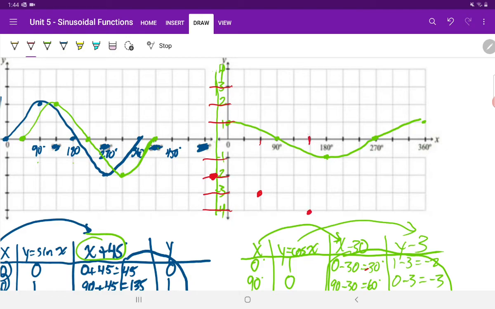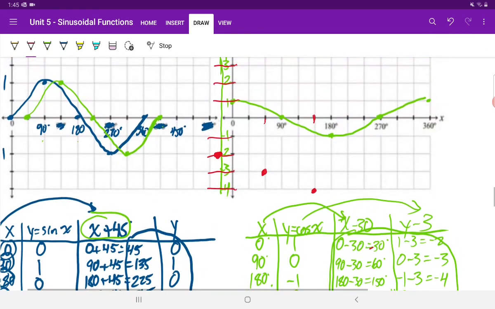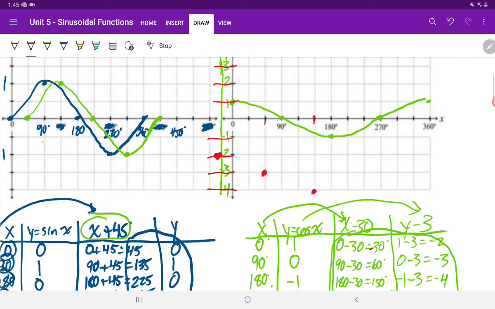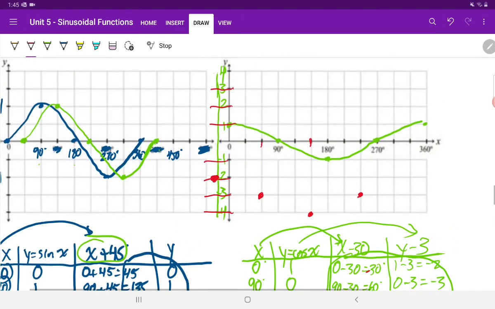There's 150, going by 30s. 240, -3. 240 back up to -3, and then 330, -2. And there you have it. There's our curve that's been moved to the left 30 units and moved down 3 units. Okay, and we did it using a table of values.